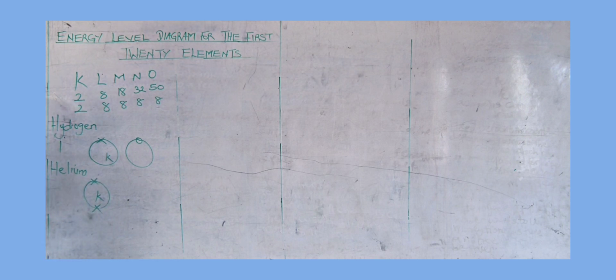So this is how to share your electrons on K for helium. Helium has an atomic number of 2, so our K is 2. So with this, it shows that helium has a complete K energy level.